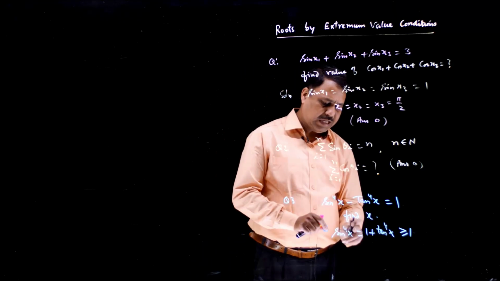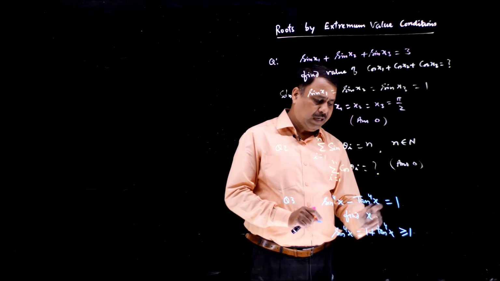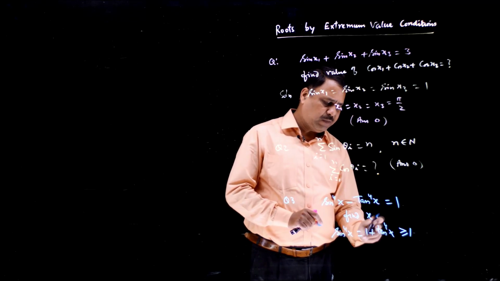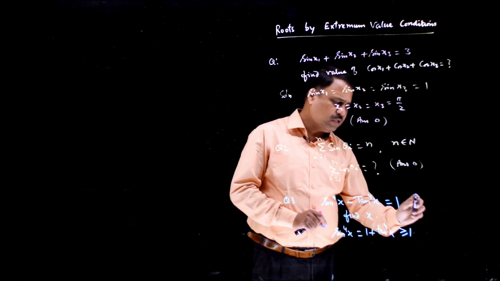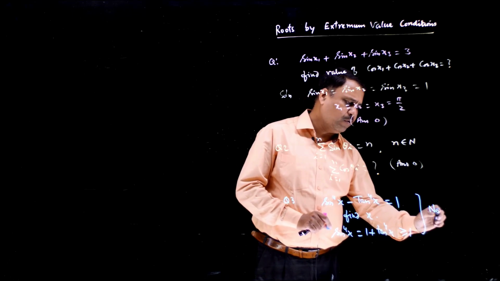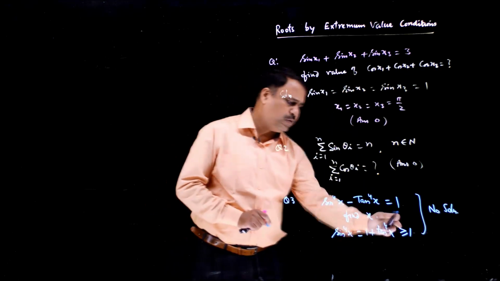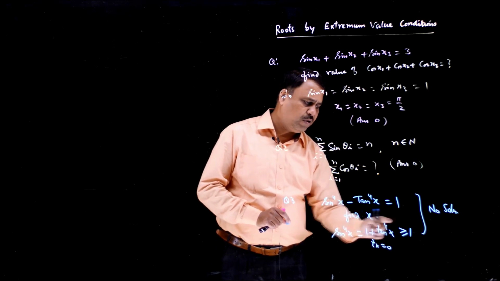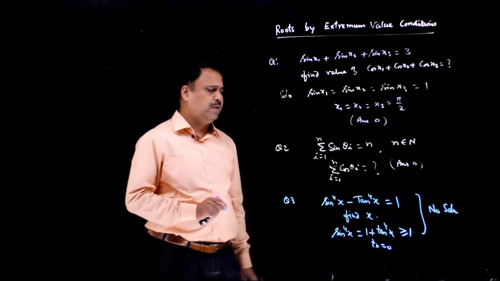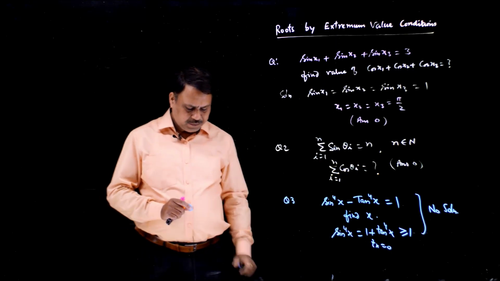That means sin 4x can be equal to 1, but at the moment when this is equal to 1, the right hand side is 1, so x must be 0, and if x equals 0, this is 0. So this equation will have no solution, because for this to exist, tan x must be 0. When tan x is 0, this will be 0, not 1. So this equation will have no solution. This is how you can solve this type of question.